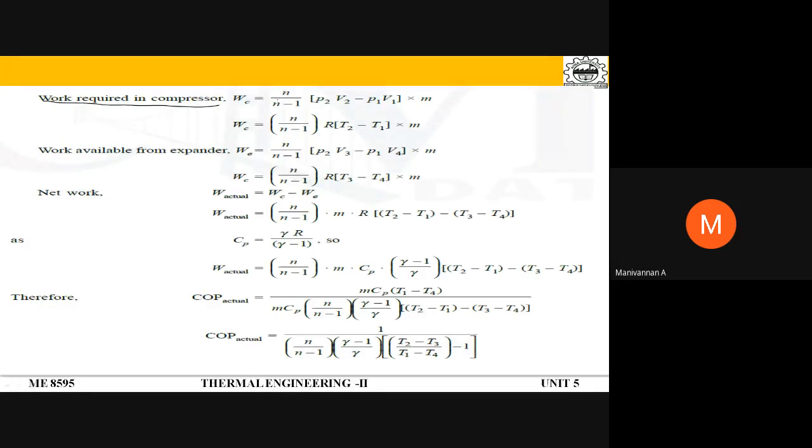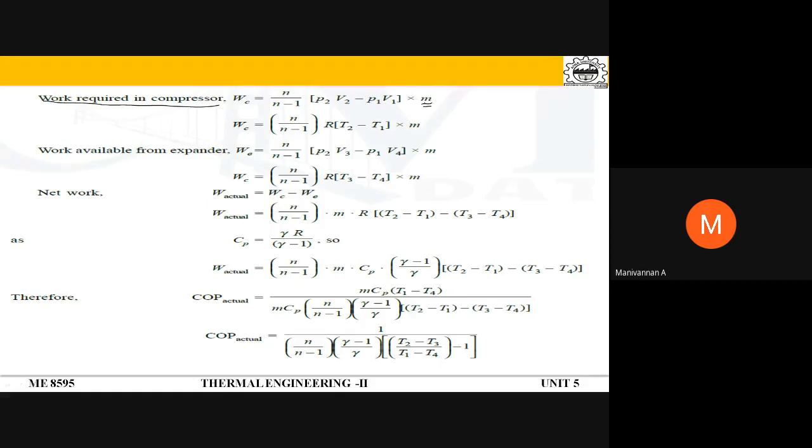You know the expression for polytropic compression is n by (n minus 1) times (P2V2 minus P1V1). Suppose I know the mass of the working fluid, you multiply by the mass. So this is the work required in the compression for a polytropic process.